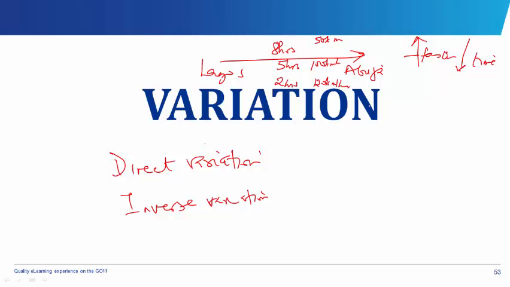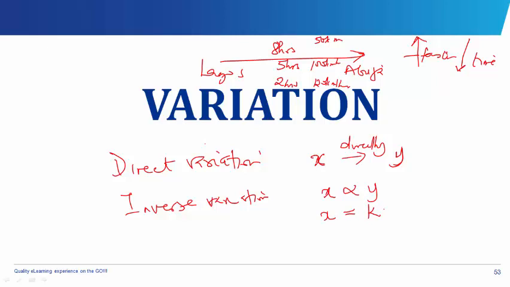If you say a factor x varies directly with another factor y, how do we express it mathematically? This is how we write x varies directly with y. To replace this variation sign with an equal to, we put an equal to and also a constant which is called k.